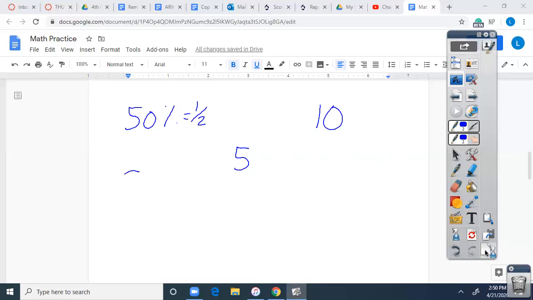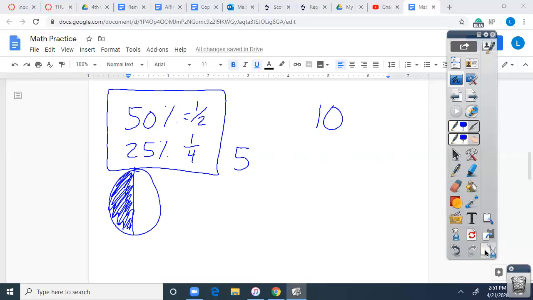If you get a 50% on your test, that means you got half of the questions correct and you got half of the questions incorrect. Okay, so 50% equals 1/2. 25% equals 1/4. Those are two things that you need to know. Just memorize this right here, and then you'll be able to do the questions on the homework and on the test. 50% is 1/2, 25% equals 1/4.